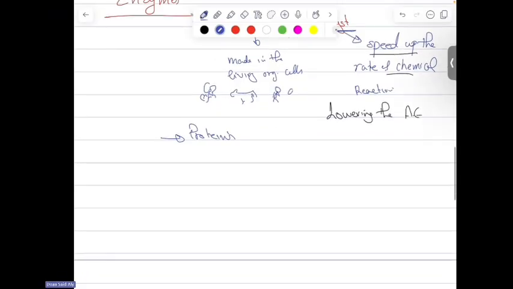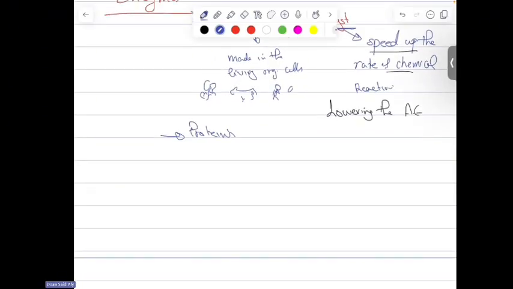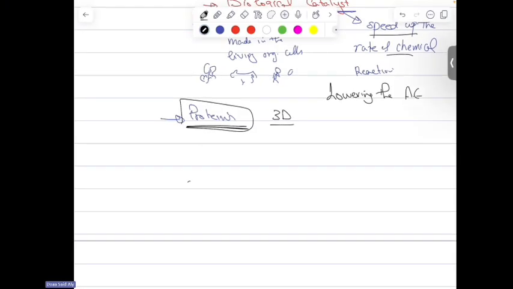Okay. طيب, what about the mechanism of the enzyme? To understand the mechanism of the enzyme, you have to know that again, enzymes are proteins, and as you know, the protein has a three-dimensional shape. So this is the enzyme.